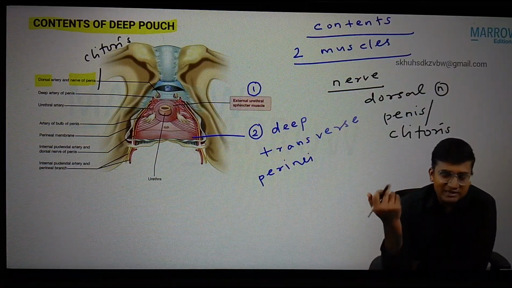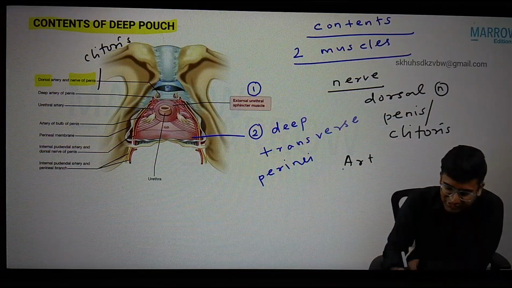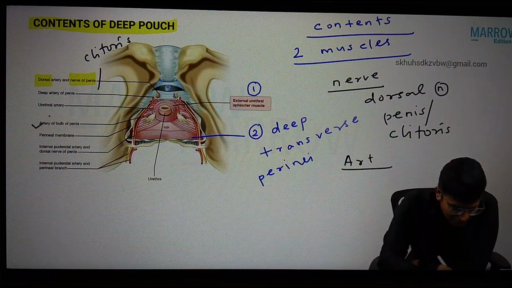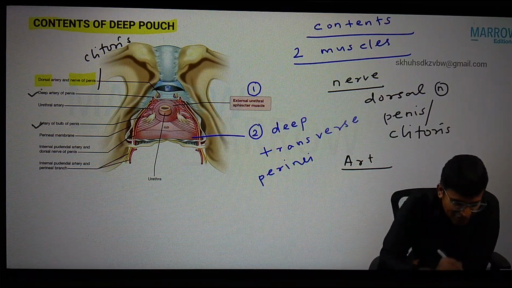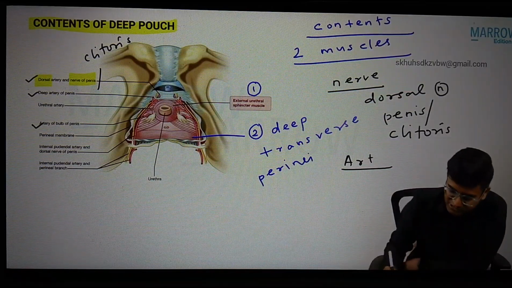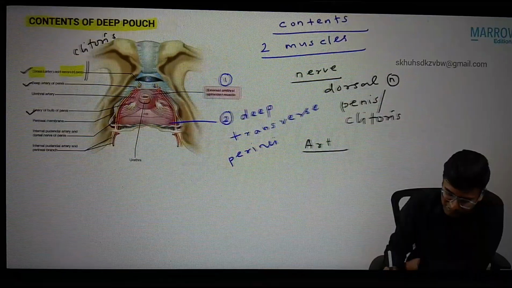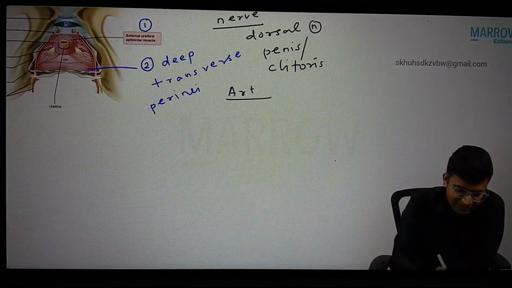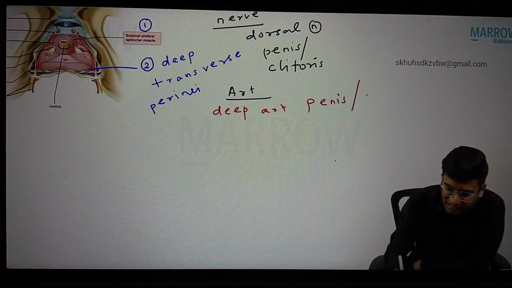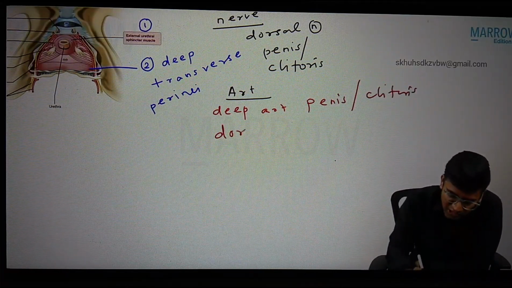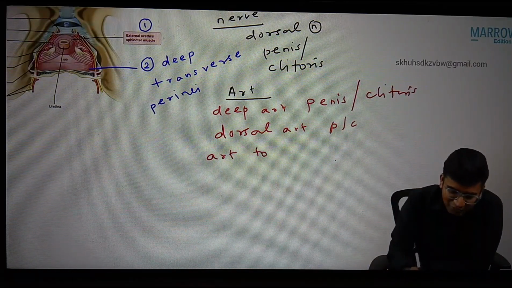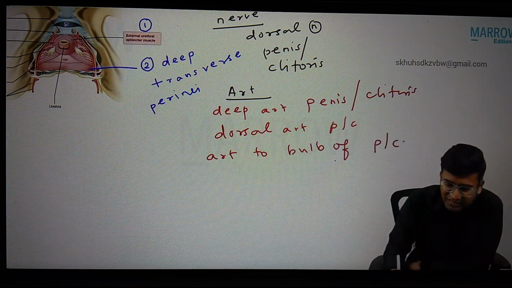The internal pudendal artery and its three terminal branches: the artery to the bulb of the penis, the deep artery of the penis, and the dorsal artery of the penis. In females, the counterpart is the clitoris.